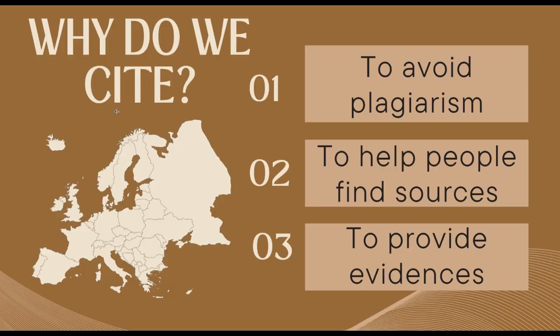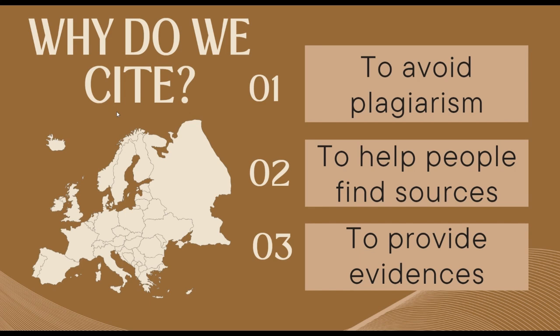Why do we cite? The first common answer is to avoid plagiarism. According to Oxford University, cited from a YouTube video of Sir Fruto, plagiarism is to present someone else's work or ideas as your own, with or without consent, and without full acknowledgement. Next is to help people find the sources.